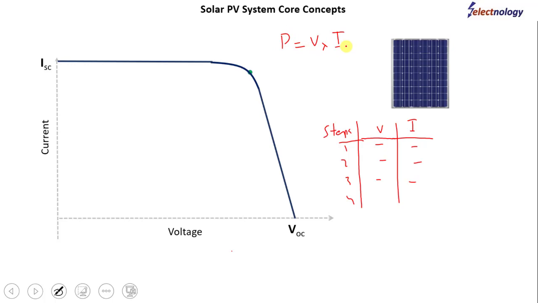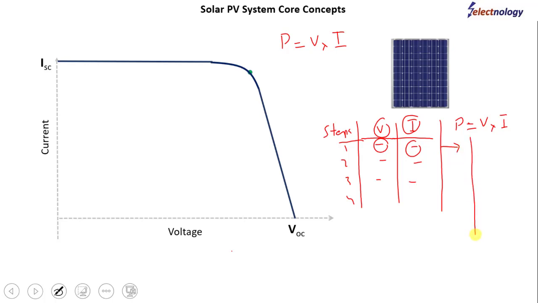If we multiply voltage with the current, this will give us the power being supplied by the PV module. In the fourth column we calculate P = V × I, meaning we multiply voltage with current, these two parameters, and write the answer here. This will give us the power being supplied by the PV module.